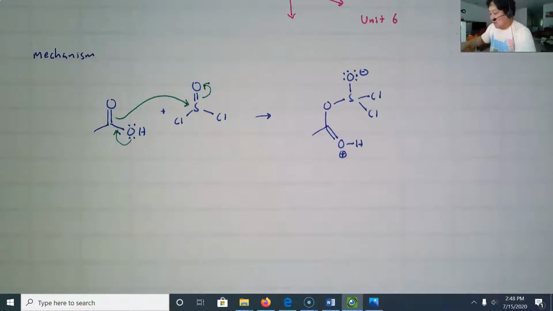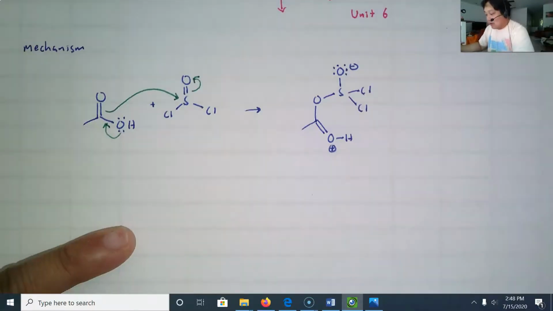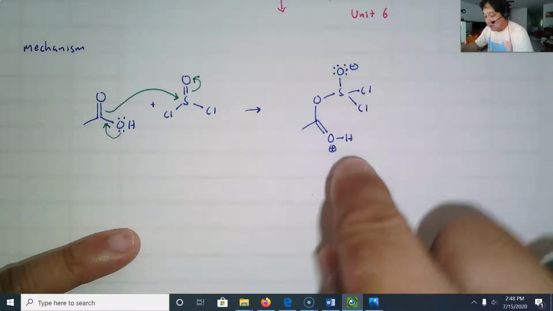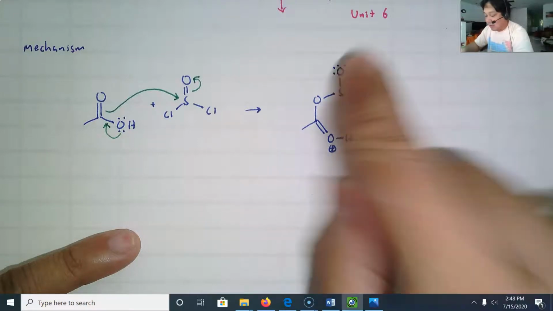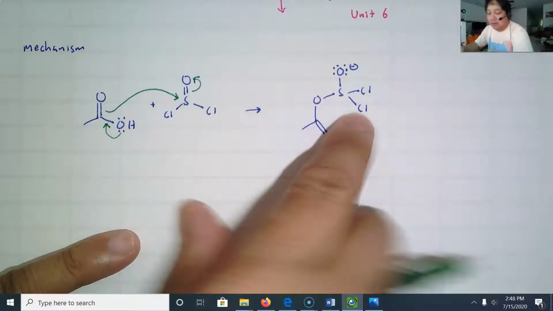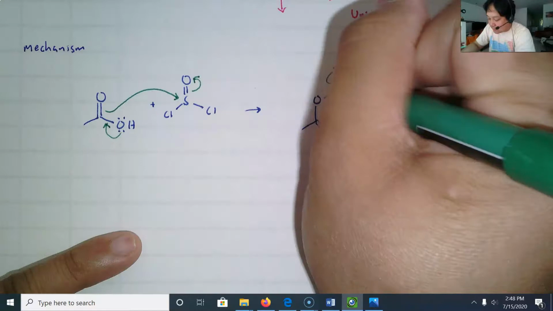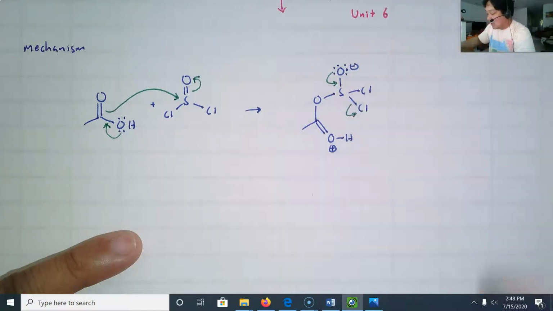Okie dokie. Next thing. Whenever I see something like this, you have to make a decision. Either we could neutralize this, or we can bring back the pi bond and kick out one of the chlorines. In actuality, this happens almost exclusively, and we kick out the chlorine.